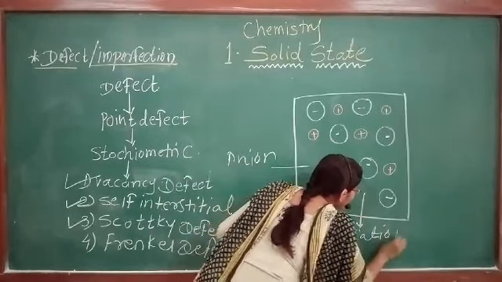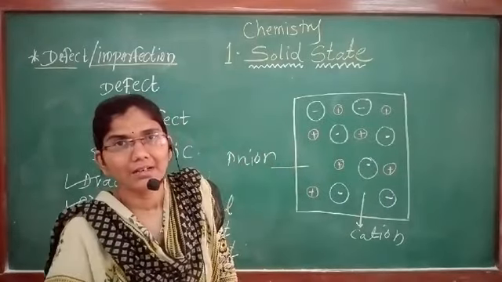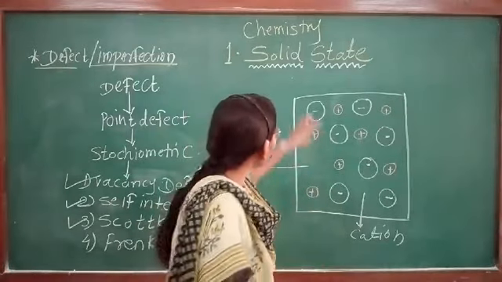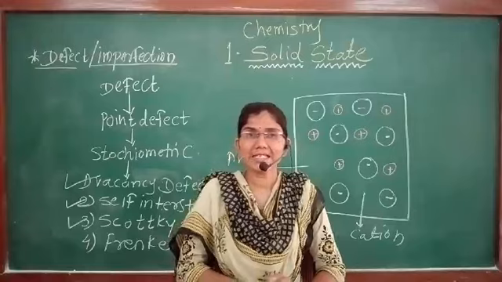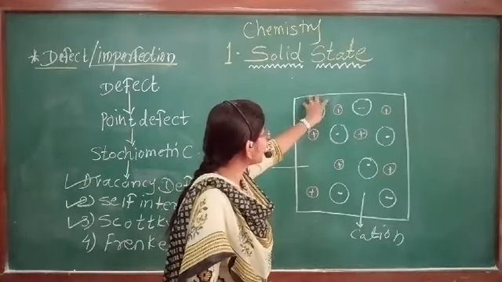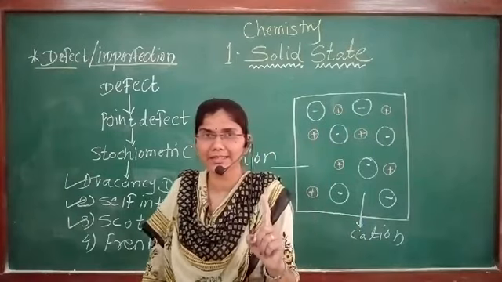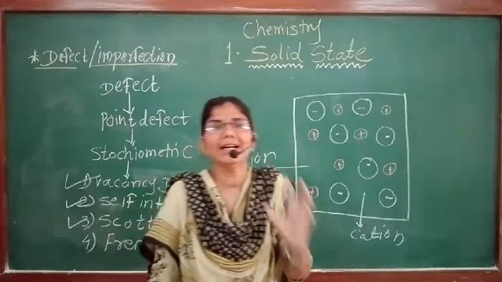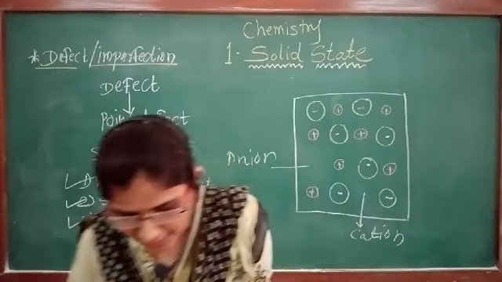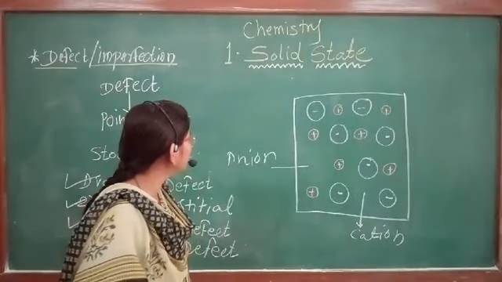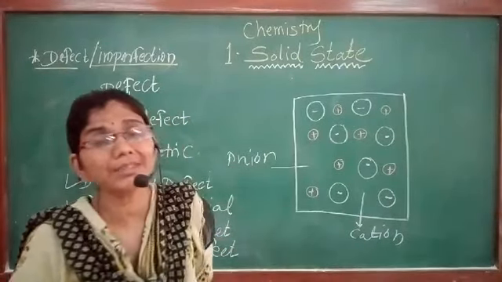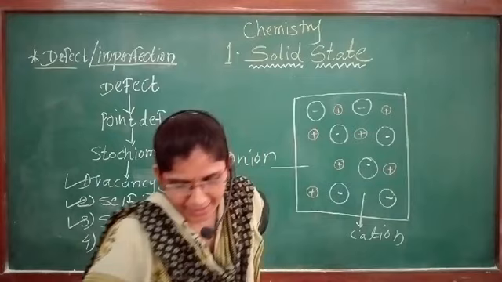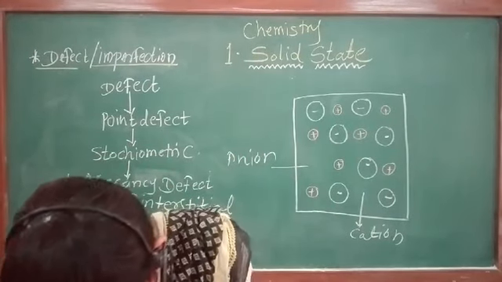This is the vacancy produced due to the anion, and this is the vacancy produced due to the cation. When we consider the ionic solid and draw the structure of cation and anion, as we know the anions are bigger in size than the cations. Always remember that. For the ionic solid, the cations are smaller than the anions, and when an equal number of cations and anions are missing, they produce the anionic vacancy and the cationic vacancy, and therefore create a vacancy.